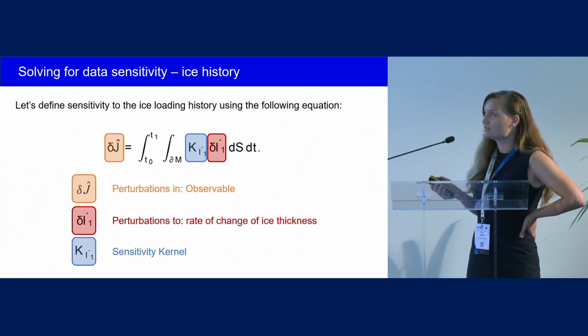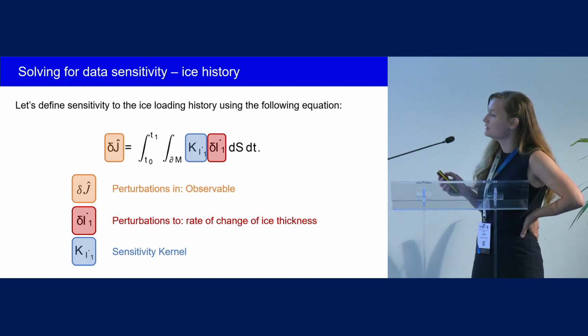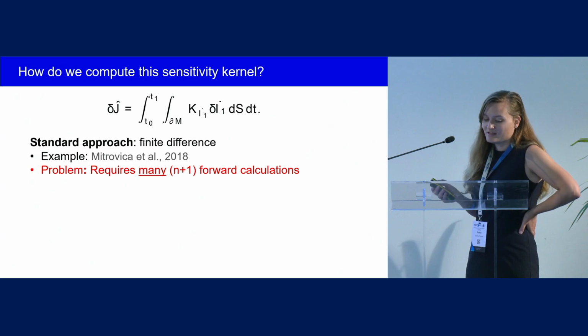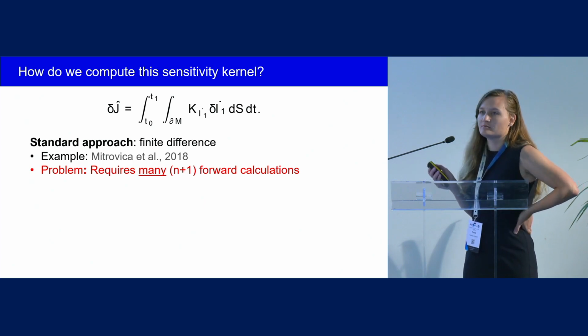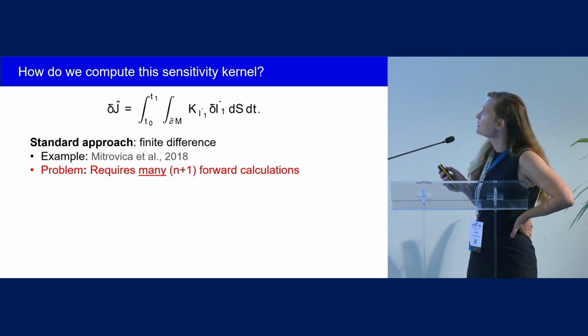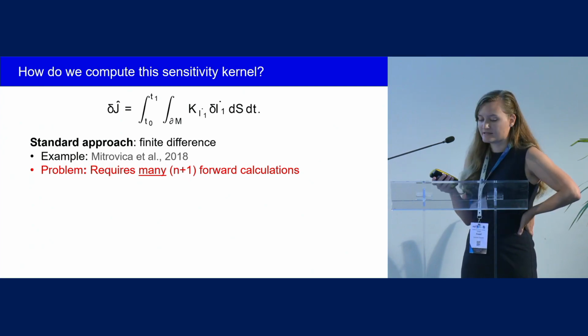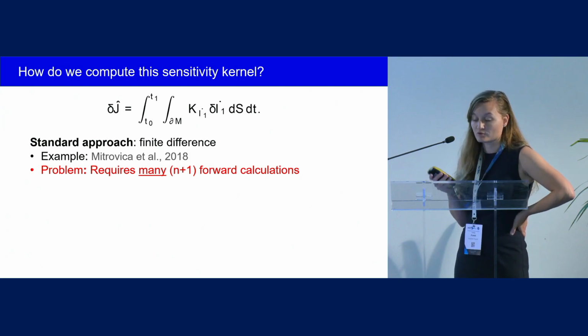The big takeaway is that if this kernel is larger, that means a given change in the ice sheet condition will lead to a bigger change in the observable in the present day. We want to be able to calculate this kernel. The issue is that it's very difficult to calculate, or it has been in the past.